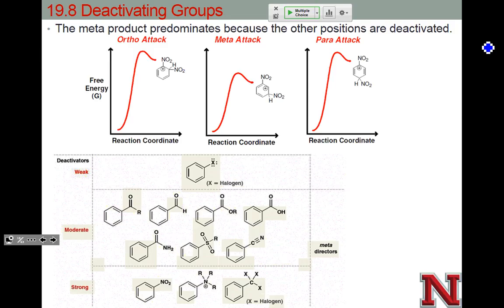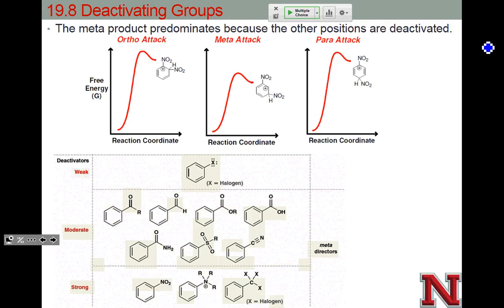The last one is the halogen. It is deactivating, meaning the reaction is slower with the halogen, but the halogen is actually ortho-para-directing. So even though the reaction is slower with halogenation, it can actually donate electron density into the ring because it has lone pairs. So we're going to look at that in a second.